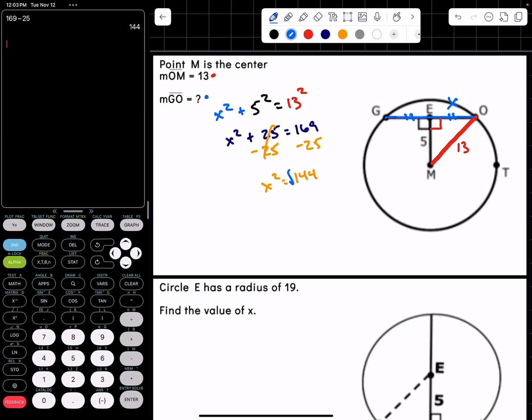And then I can take the square root of that. Square root of 144 equals 12. And if X equals 12, so EO equals 12, GE also equals 12. And so if I add those together, GO is going to equal 24.